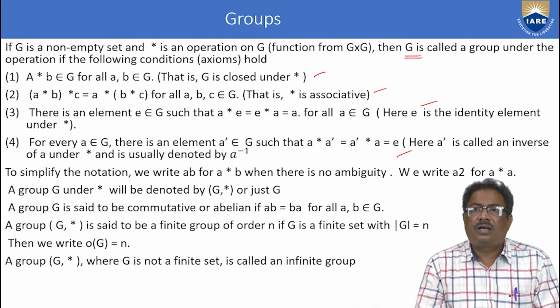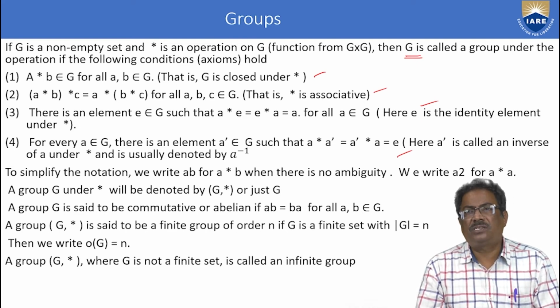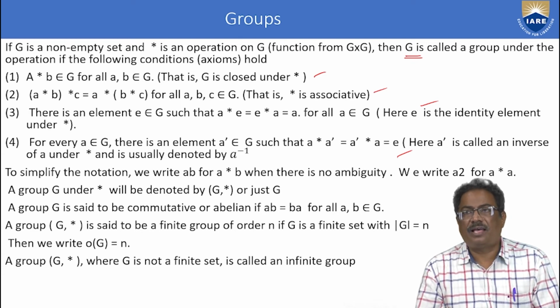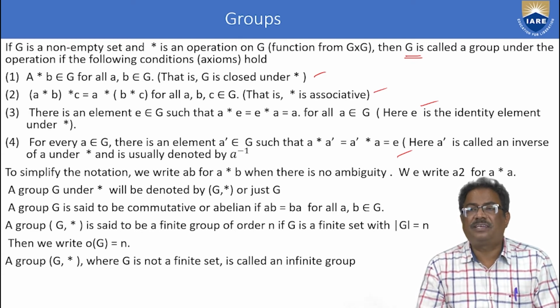It is associative under the same operation. And there is an identity element in the non-empty set G, and for every element I consider, definitely one inverse exists.